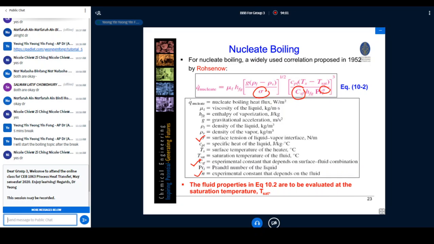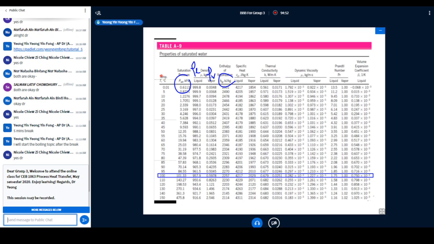We go to the next slides. This one, I purposely put here to show that this is rho L, and this is rho V. This is HFG, and this is the saturation pressure and temperature, and you also have mu L and mu V. All the properties are here. This is the sigma value, which depends on the T saturation.